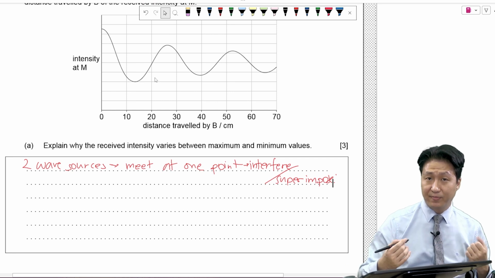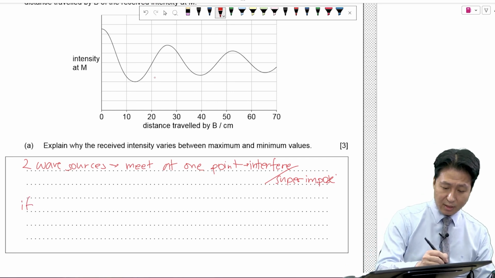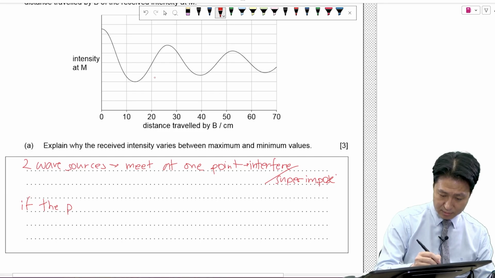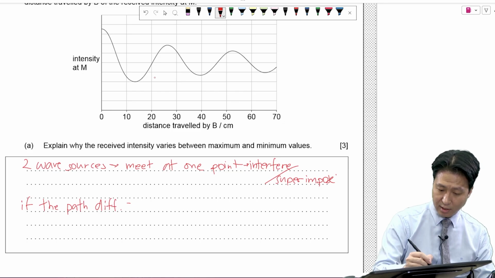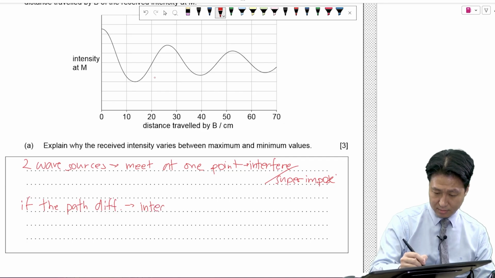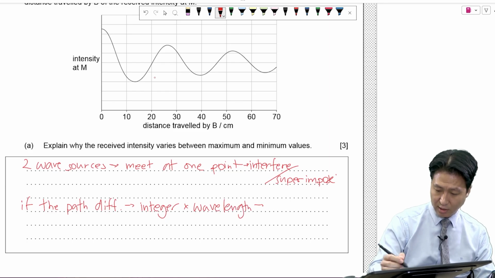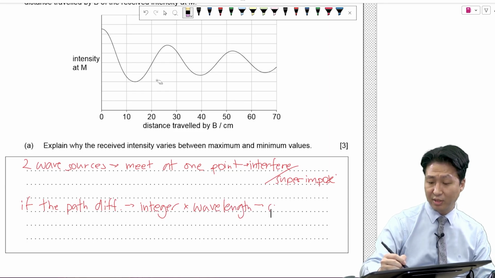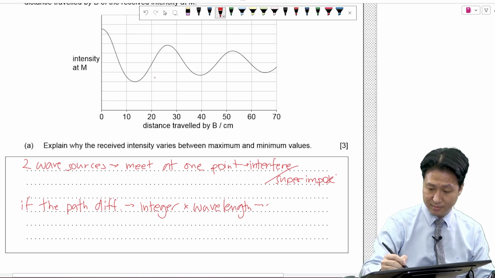So what's going to happen? Well, if the path difference is equal to an integer multiple of the wavelength, it constructively interferes and becomes higher intensity.